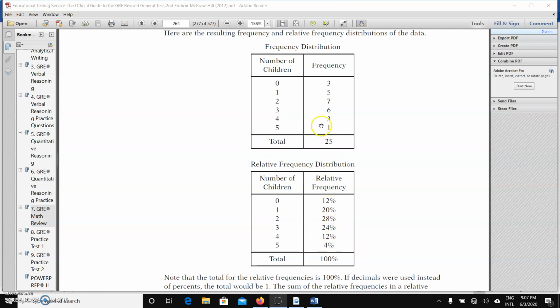And the last one, 1 divided by 25 times 100, gives you 4%. If you add these percentages together, it must give you 100. So this is relative frequency. This is frequency. I know you are familiar with this, but I just need to show you some of this myself.